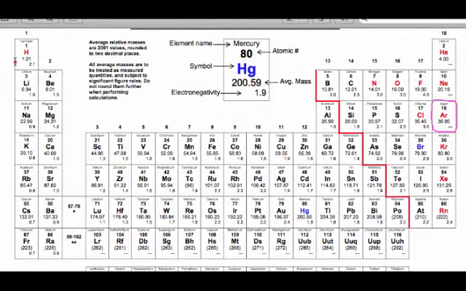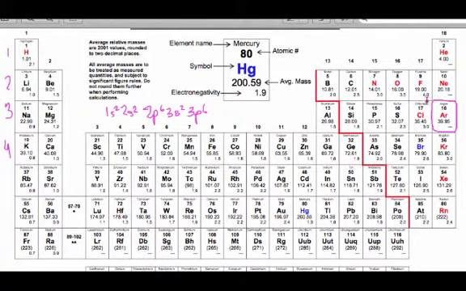It would end with 3s2, 3p6. So it is 1s2, 2s2, 2p6, 3s2, 3p6. Well, here are some possibilities.